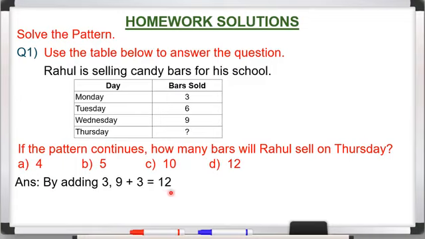Clear? See here, by adding 3, 3 plus 3, 6. By adding 3, 6 plus 3, 9. So by adding 3 to 9, our answer will be 12. Okay, 9 plus 3 equal to 12. So option D, 12 is correct.